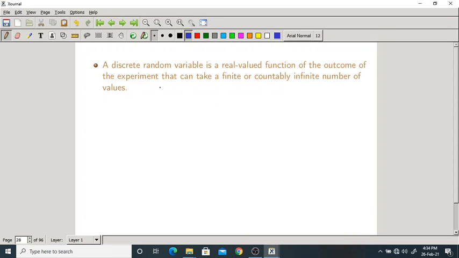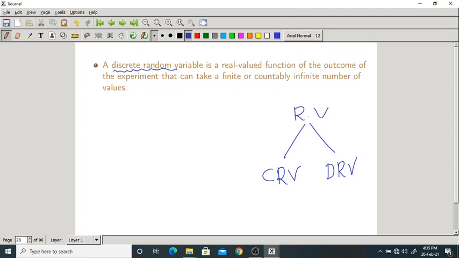Here one important thing is we are discussing a discrete random variable. Please remember, random variables are of two types: continuous random variable, CRV, and discrete random variable, DRV.